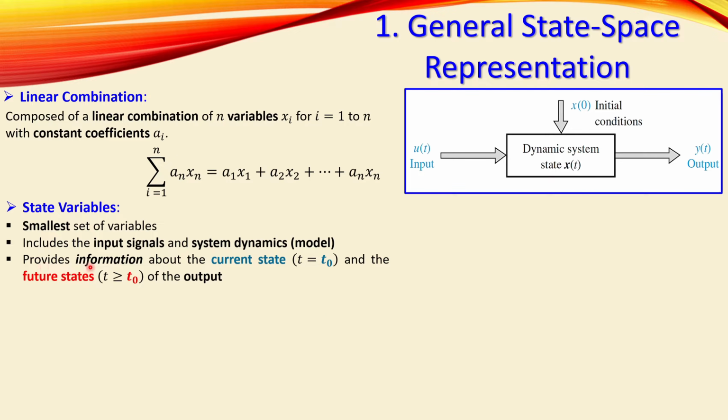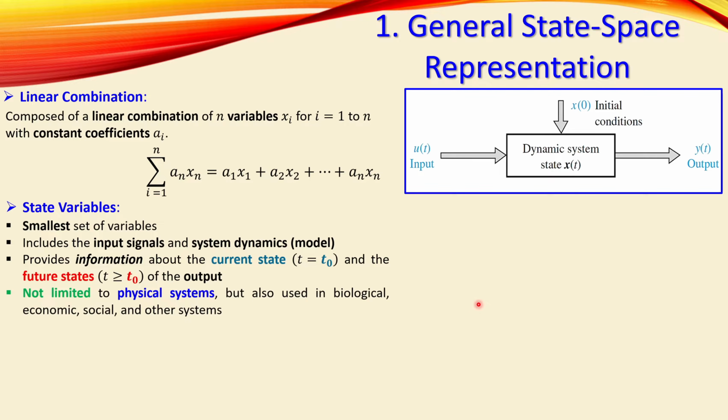Now, it provides the information about the current state, which we already discussed because we set the initial condition, and the future states after, let's say, t0, some specific initial time, of the output. It is, by the way, not limited to physical systems.